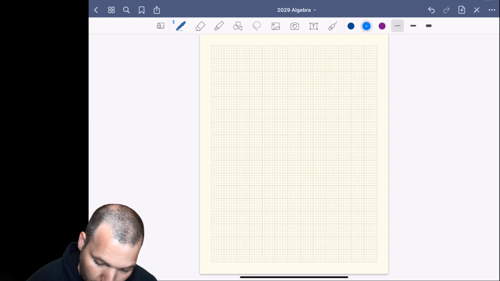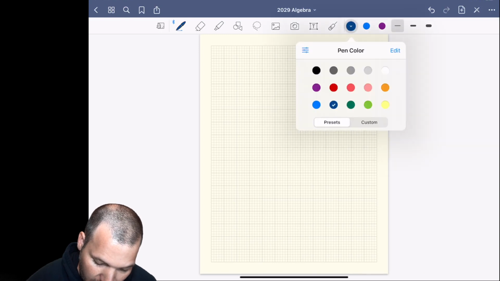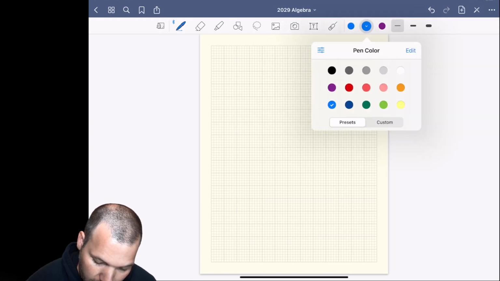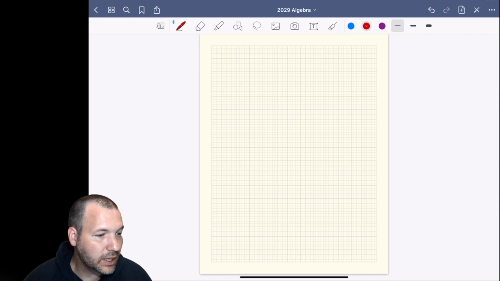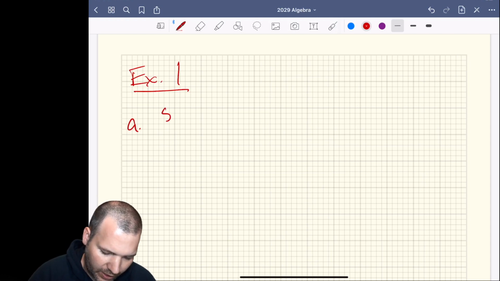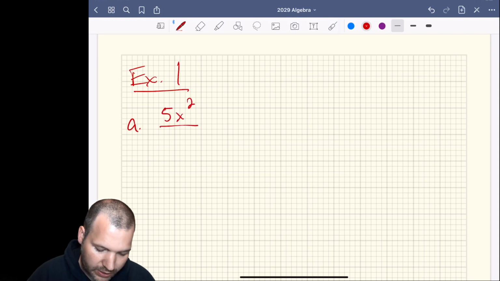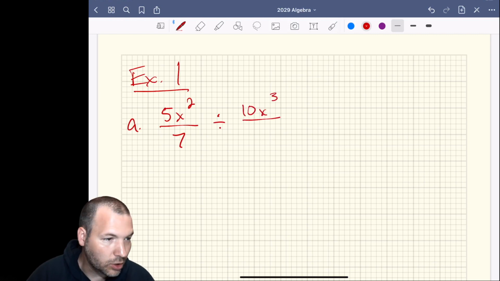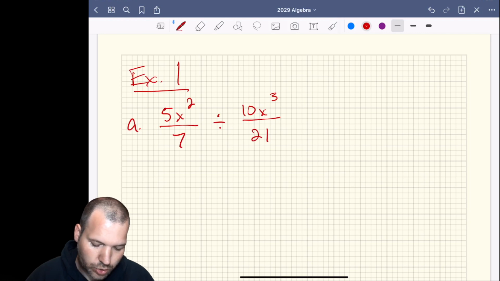So again, I am on page 587 in your Glencoe Algebra 1 textbook, and I'm looking at example 1a, which has these expressions: 5x squared over 7, a rational expression that looks like a fraction, divided by 10x cubed over 21.